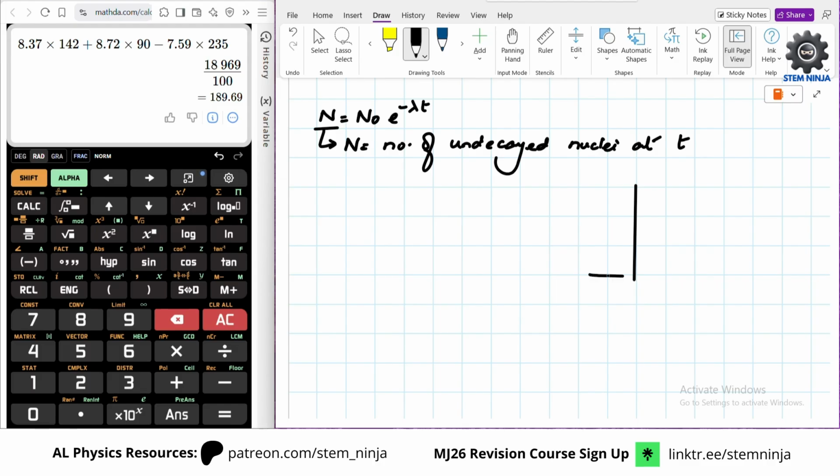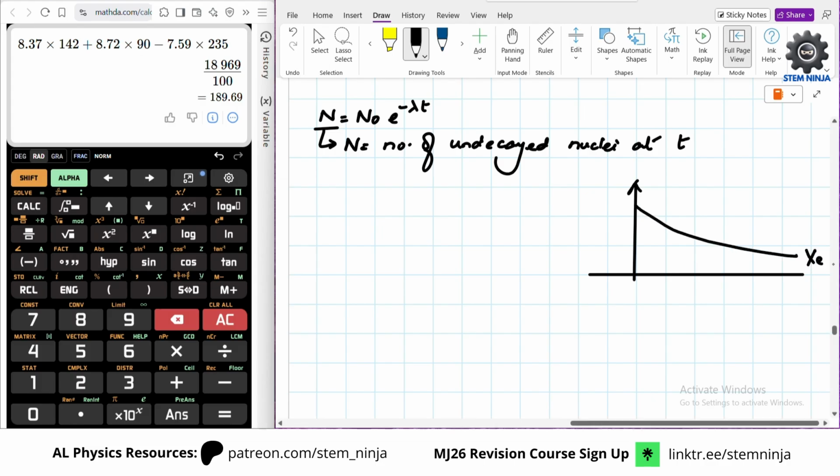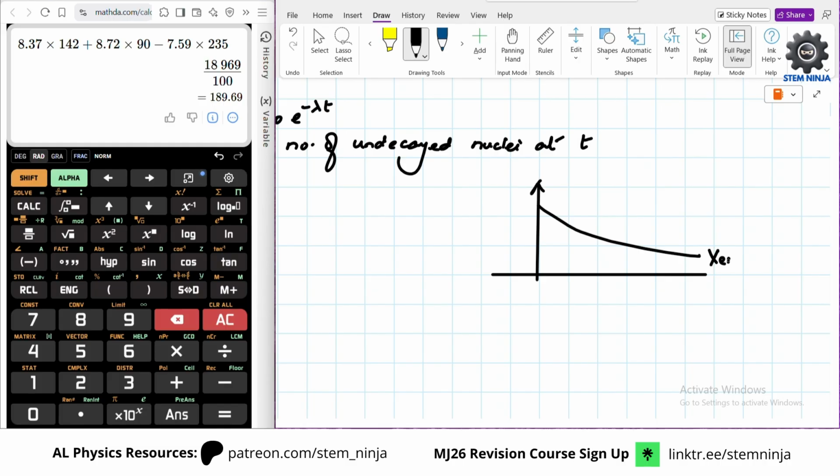So remember the exponential decay graph. Your xenon is starting like this. So this is your xenon, this is N, and this is your N naught. But your cesium is growing, and the number of cesium represents the number of decayed nuclei.